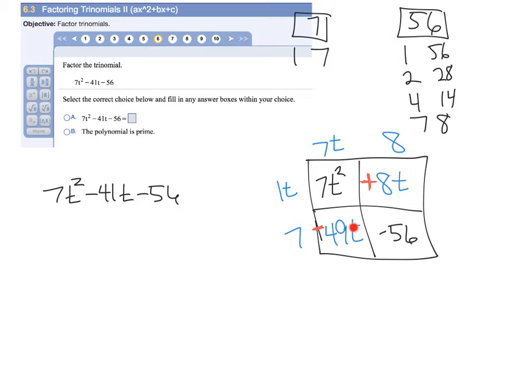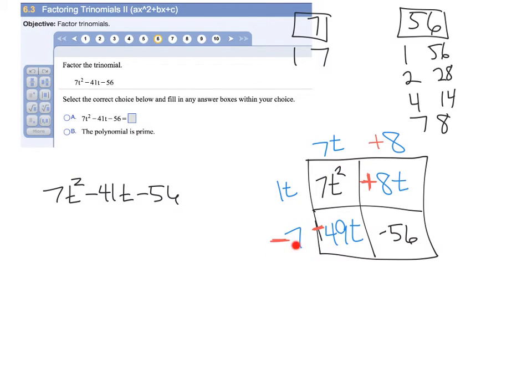And now I've got negative 41. So if I need this to be a positive 8t, that means this 8 must be a positive 8. And if I need this to be a negative 49t, that means this 7 must have been a negative 7. So now if we look, we can see, 1t times 7t is 7t squared.